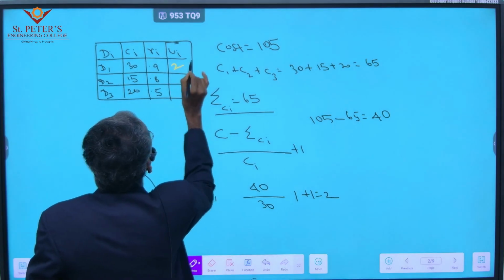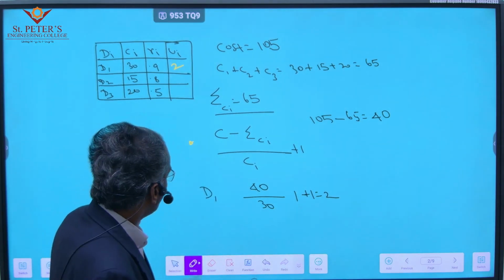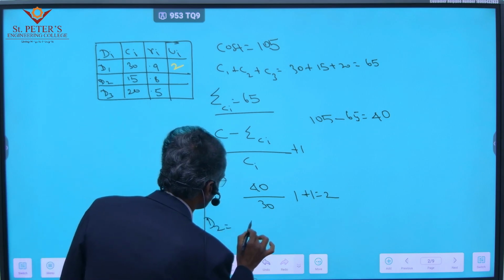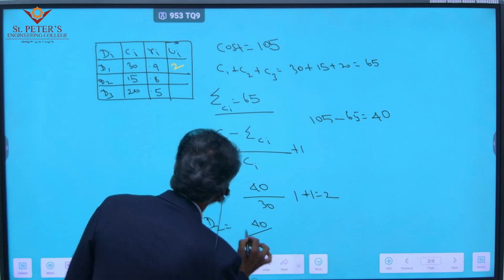So 2 copies. And what about the second one, device 2? 40 by 15.